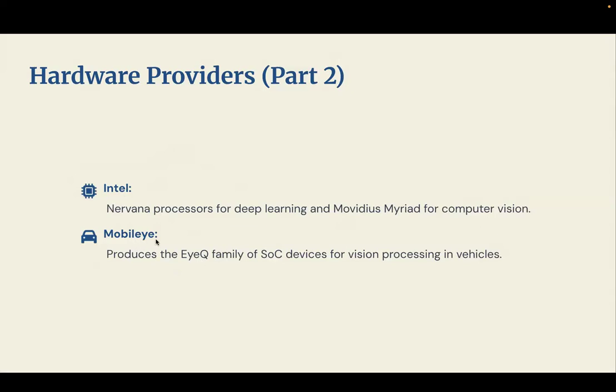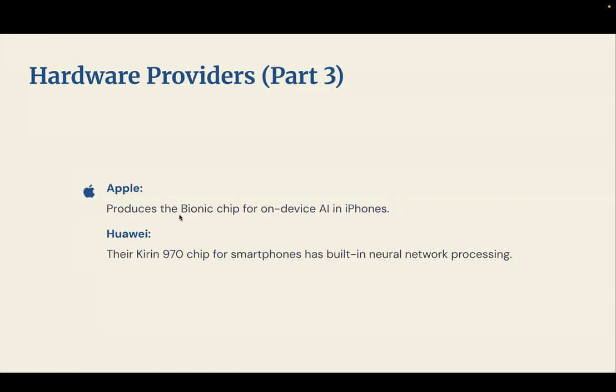For Mobileye, they have a family of SoC devices called IQ. So whenever you see these terms like IQ or vision processing in vehicles, the thing that has to strike your mind is Mobileye. And when you see things like bionic chip, it is Apple. And when you see neural network processing on smartphones and Kirin 970 chips, it is Huawei.